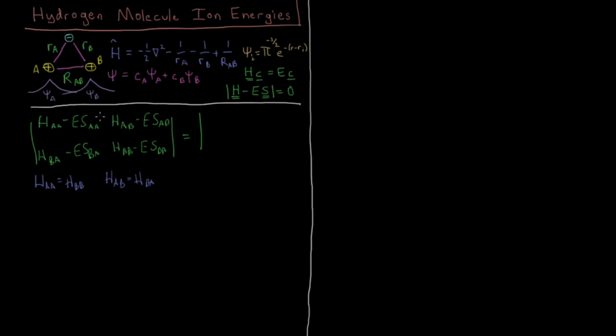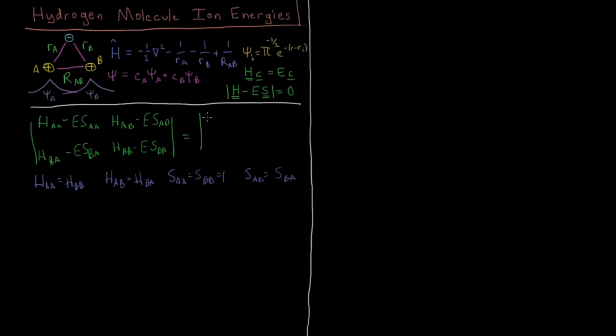So the integral of psi star A H psi B is going to be the same as psi star B H psi A. And we also know that since this wave function is normalized, with this normalization constant here, our SAA and SBB are both going to be equal to 1. Integral of psi star A psi A is going to be 1. And of course the overlap SAB equals SBA.